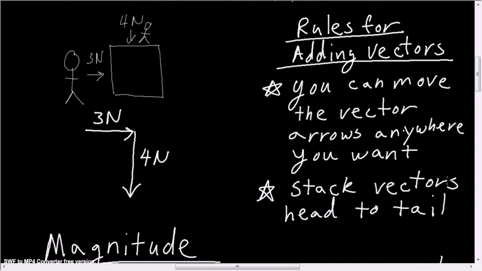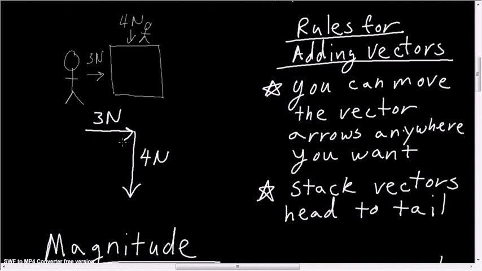Alright, so I have my vectors stacked head to tail like the rules tell me to, and if you'll notice, the 4 Newton arrow is much longer than the 3 Newton arrow. So the length of the vector arrows indicates how much magnitude the vector has, and the direction the arrows are pointing indicates the direction of the vector. Easy enough.